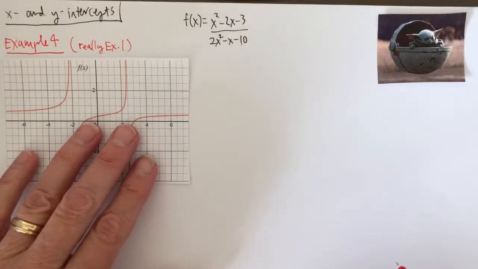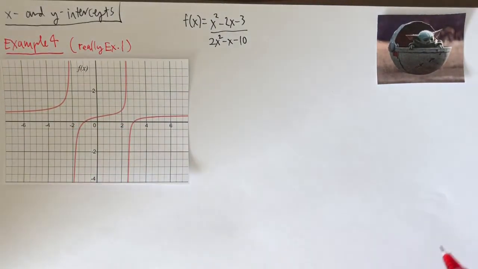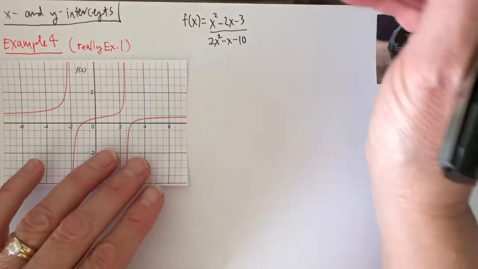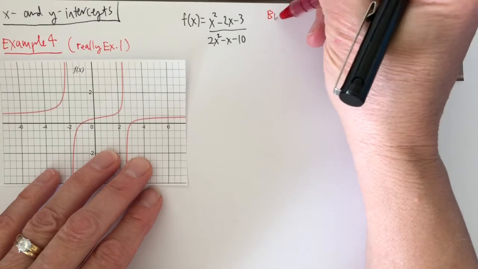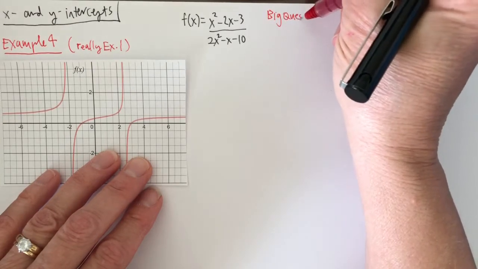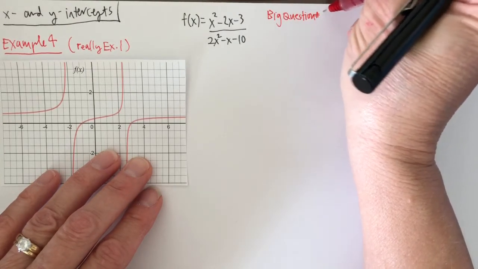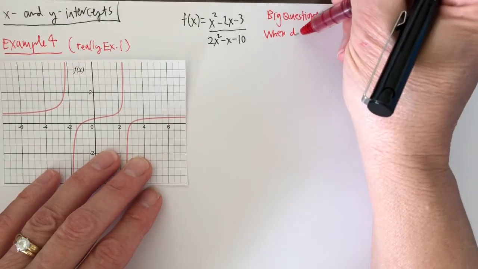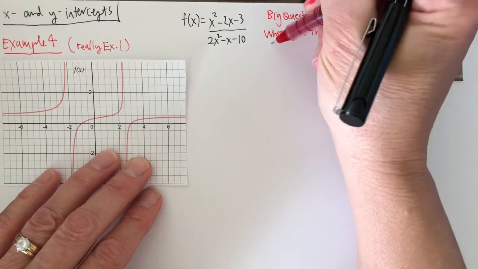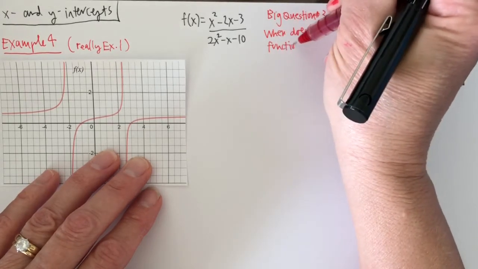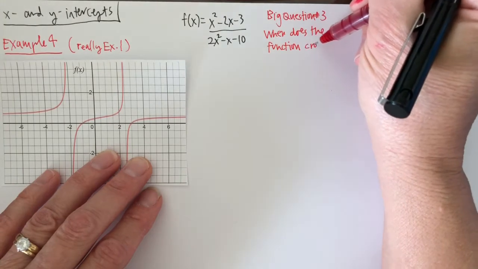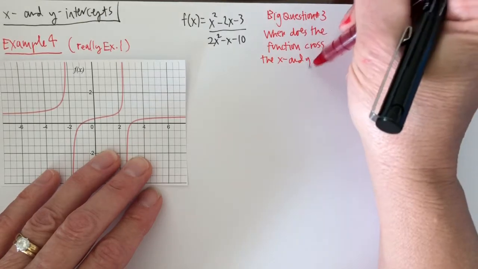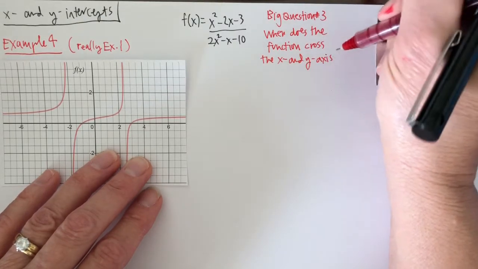This is a concept that you've seen before with linear functions and other polynomial functions. And so our big question here is, when does the function cross the x and y axis? If it does at all.